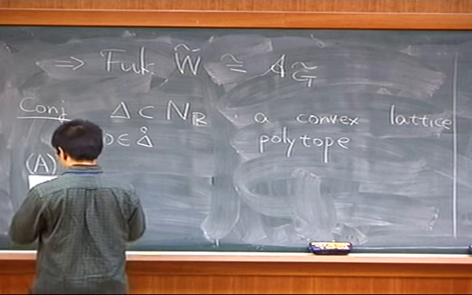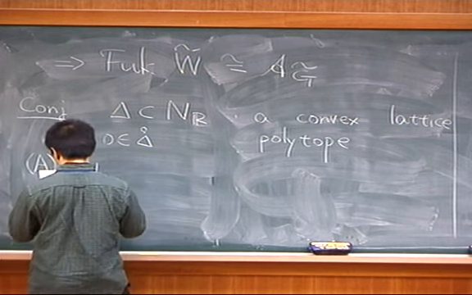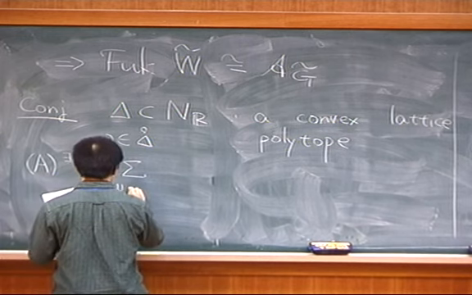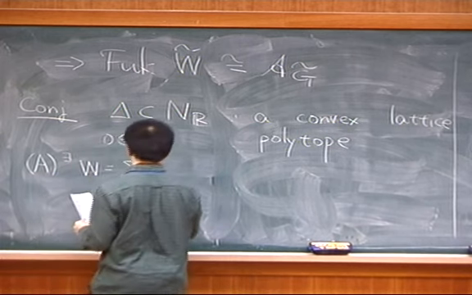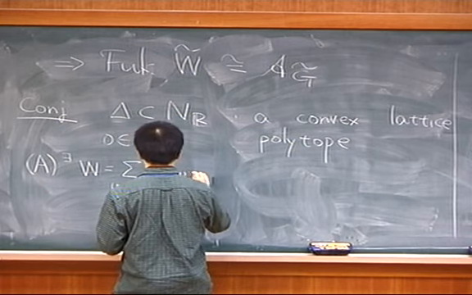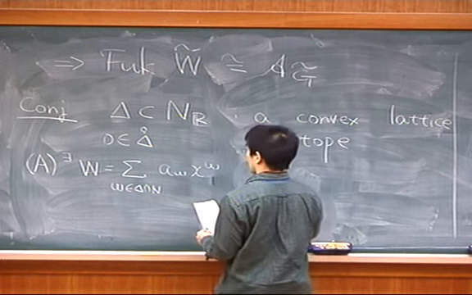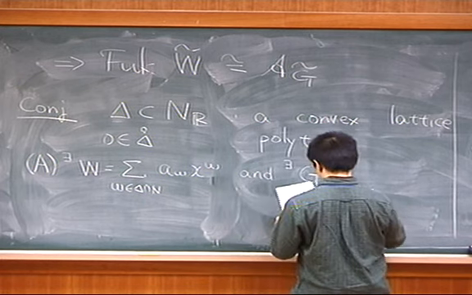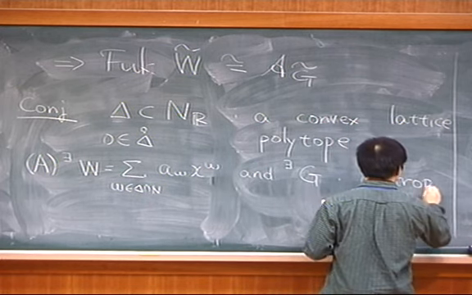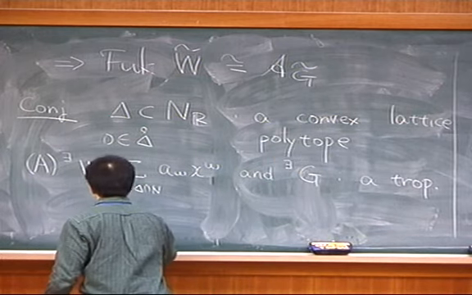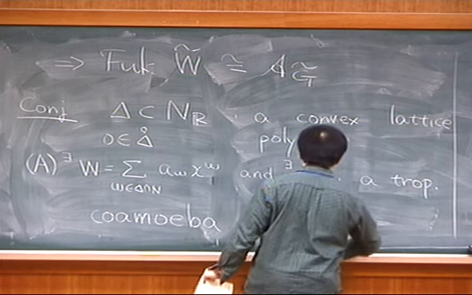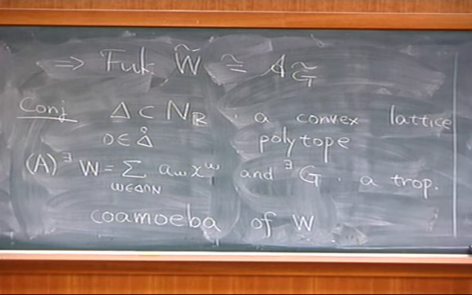The first conjecture is the existence of a generic Laurent polynomial W whose Newton polytope coincides with delta and a tropical coamoeba G of W. And the second conjecture is the relation with the mirror.